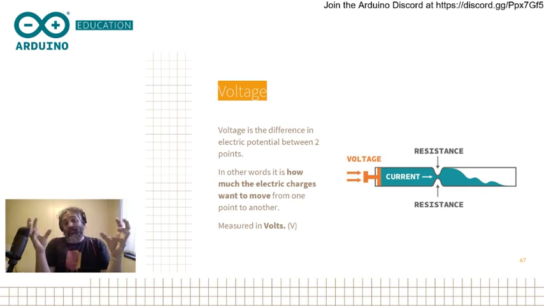Typically the 2 points in space will have different amounts of electric charge, so the voltage will be the difference between the electric charge, which is not the amount of electrons, but each electron represents a certain amount of charge. So if you have 10,000 million electrons, that will represent a certain amount of electrical power, and the difference in that power is the voltage.